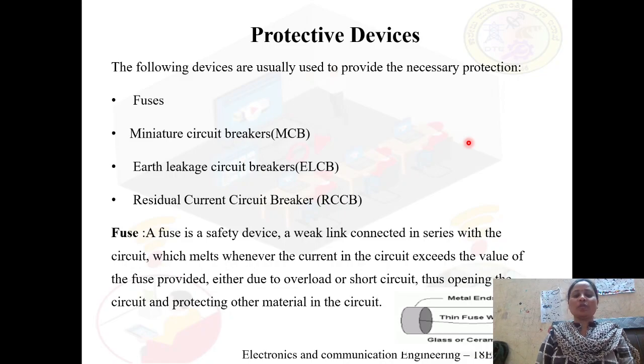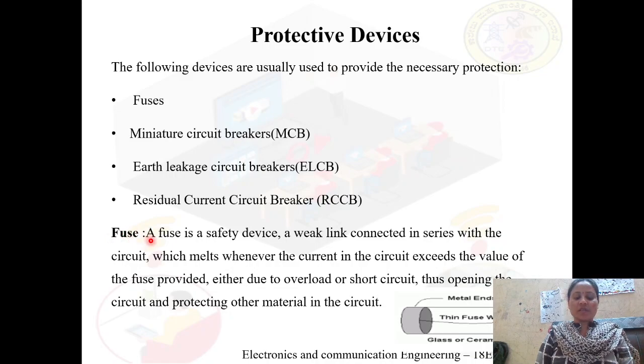Hence, in order to protect those electric appliances from getting damaged due to such a flow of large amount of current due to the short circuit, we prefer protective devices.